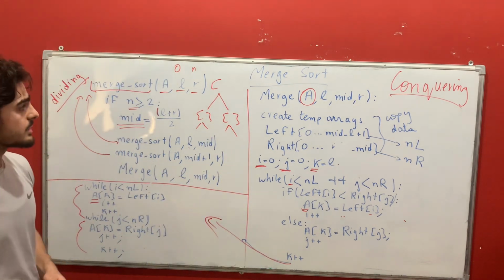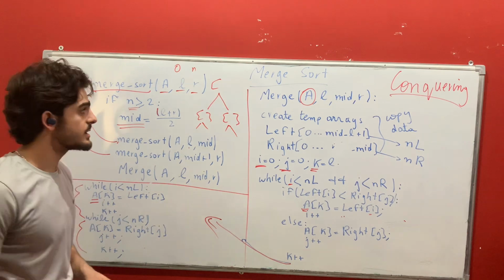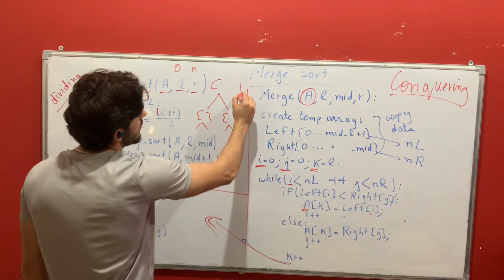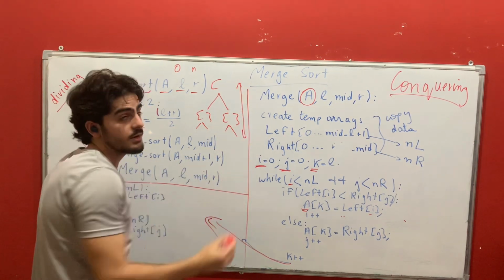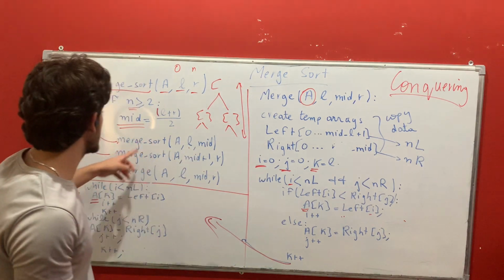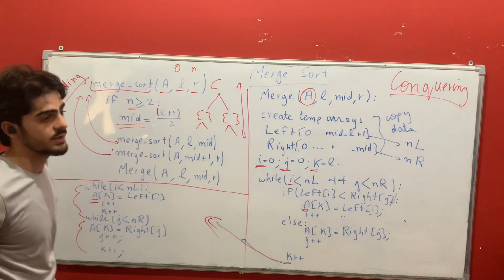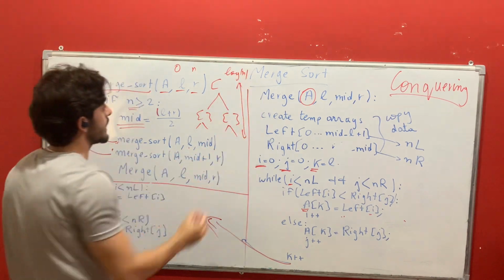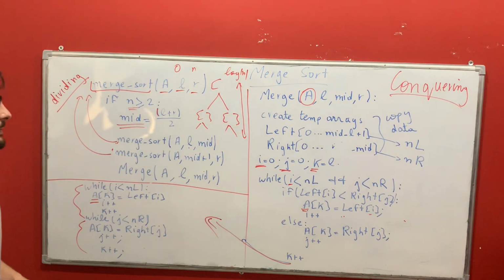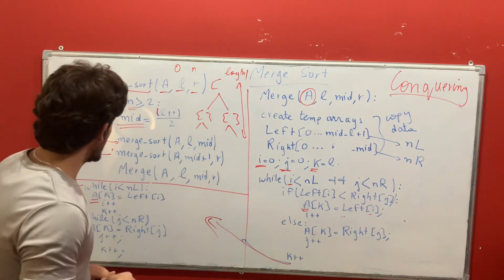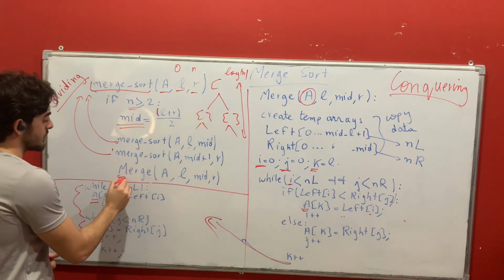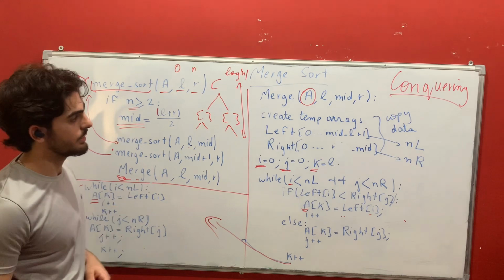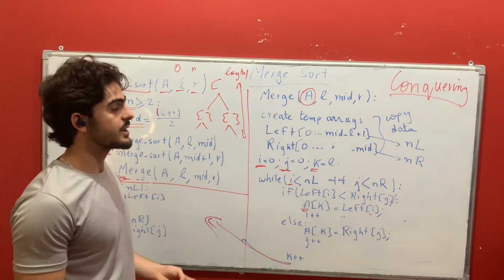If we take a closer look at this, we shall see that the height of the recursive tree generated by calling these two merge sorts is log n, where n is the size of the array. Also, at each call, we're calling the merge algorithm, which is responsible for merging the two arrays.